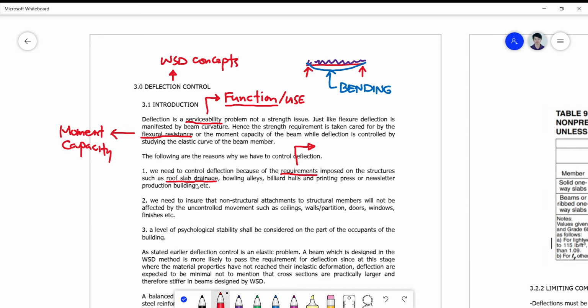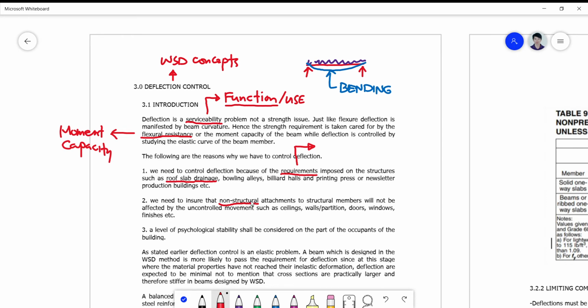Okay. So for number two, we need to ensure that the non-structural attachments to structural members will not be affected by uncontrolled movement. And what does this mean? The buildings are made up of the major elements or the main structural elements, and also the minor or the non-structural attachments or elements.